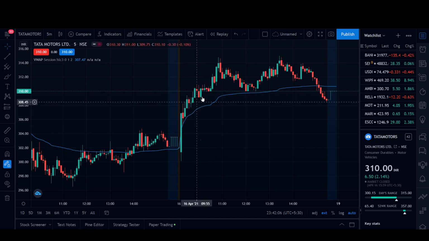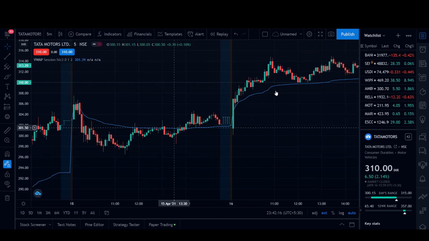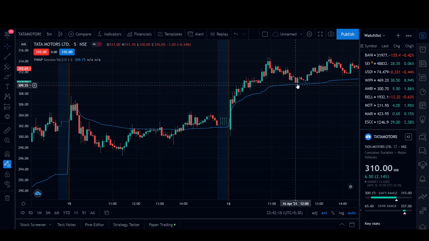So this is what the VWAP does. It shows the various zones in the market and what the market is going to follow. As we can see here, it's providing support right at this point. It fell, rose, and then it fell again, and then it took a bullish uptrend again.